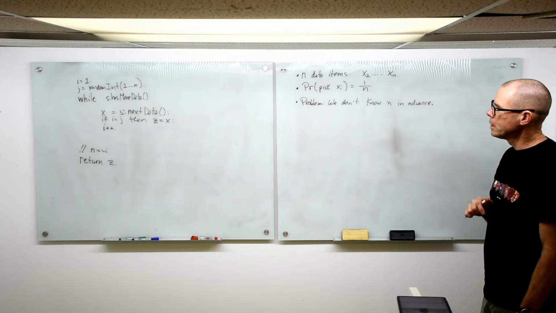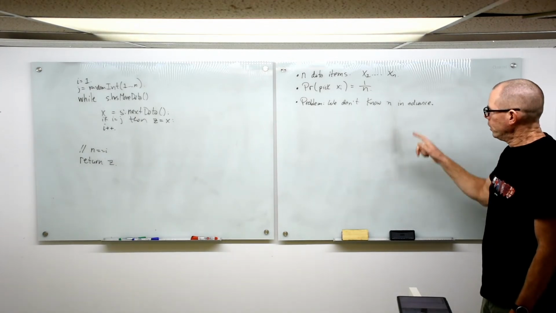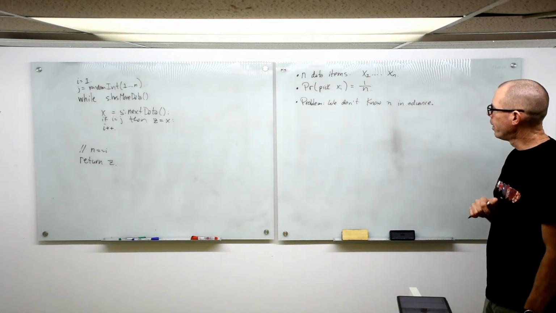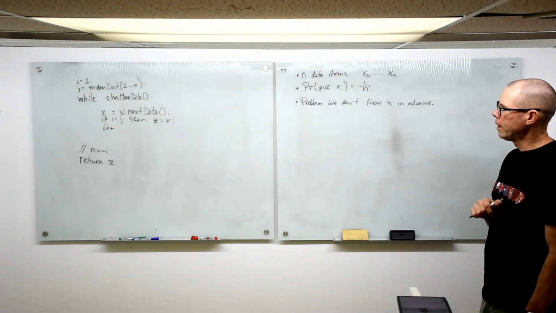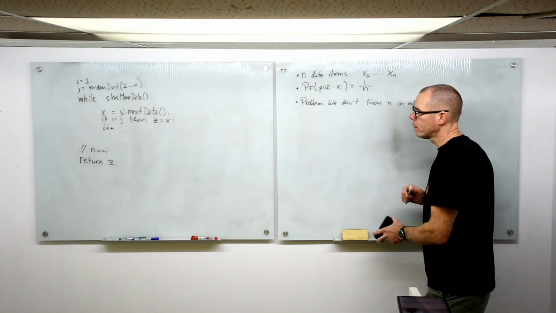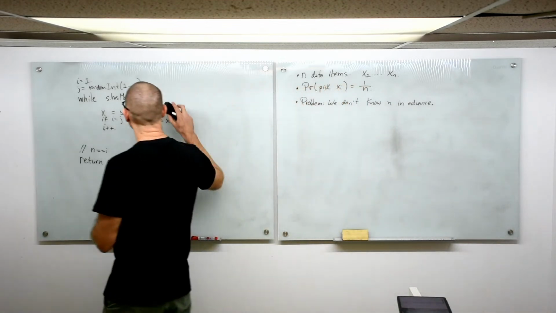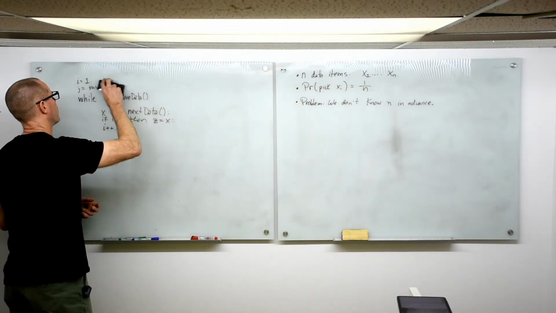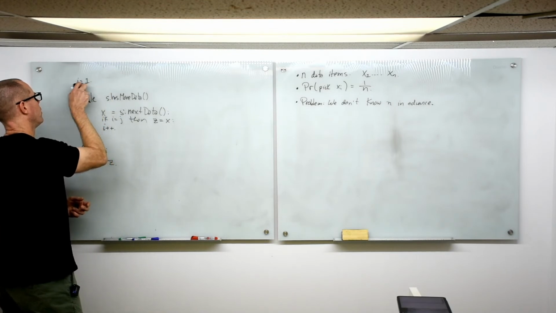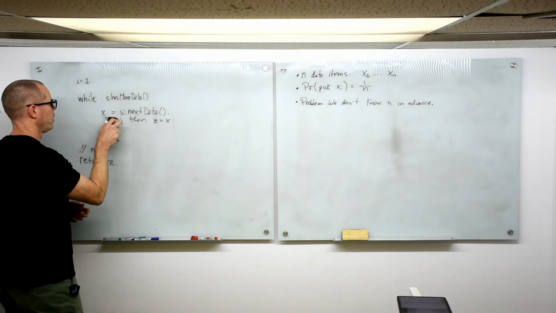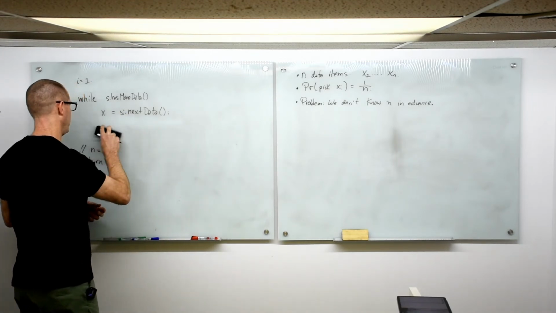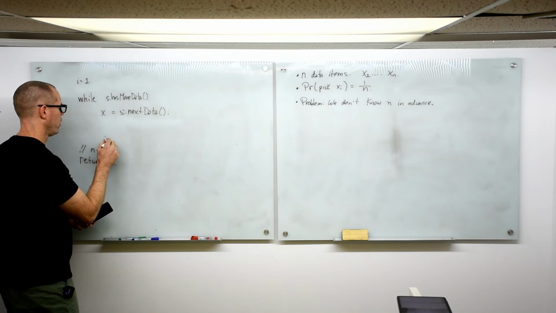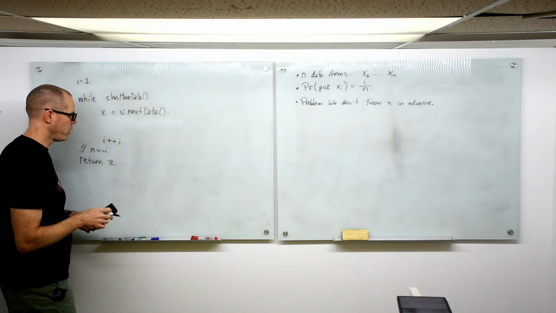So then the question is, this looks like it makes it hard. If I don't know n in advance, then how do I do that? Well, I can't. This doesn't work. I can't test if i equals j. I need some other strategy.